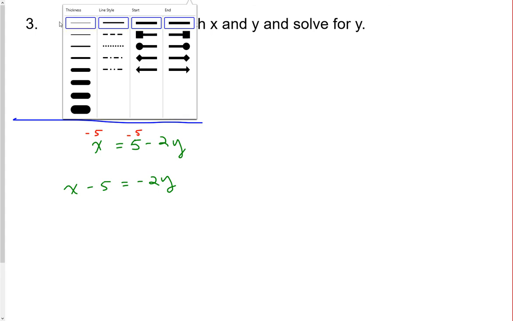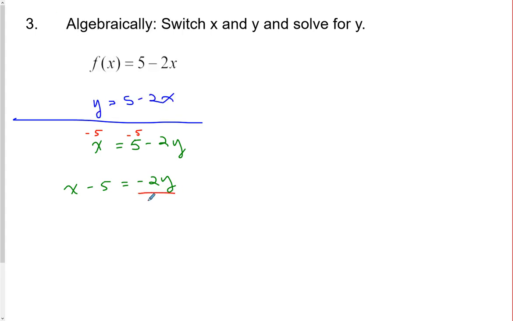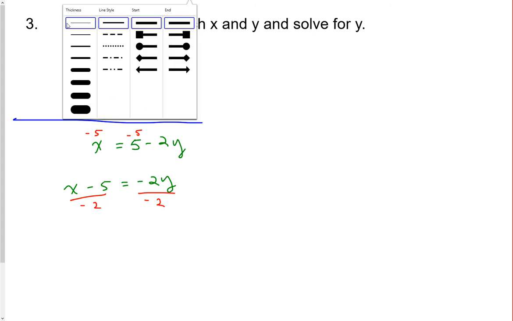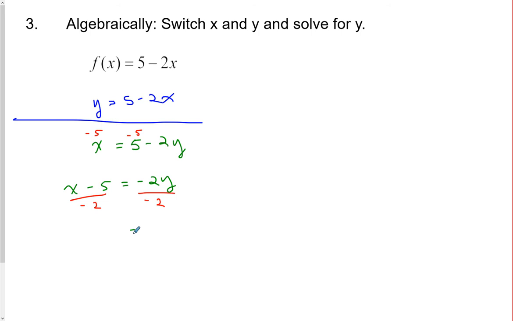And now I'm going to divide both sides by negative 2 to get y by itself. So I end up with y equals x minus 5 over negative 2.